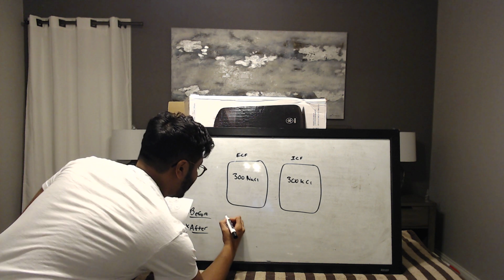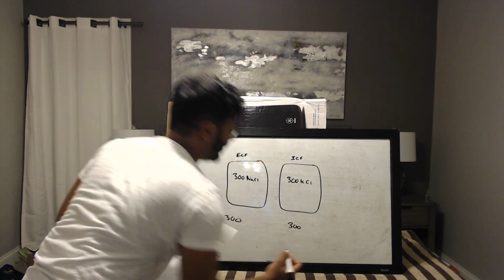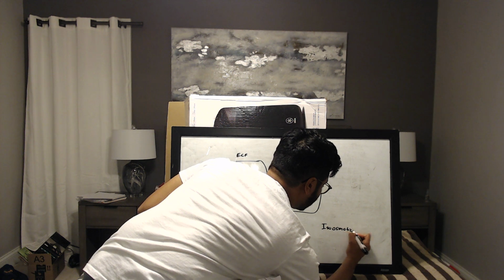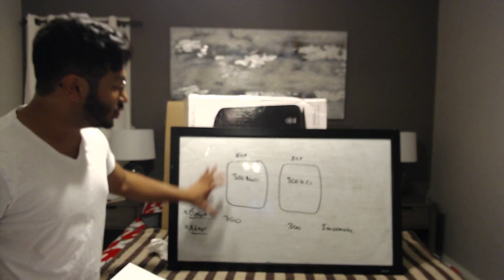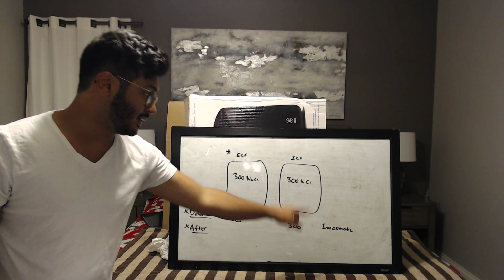You're just going to have 300 compared to 300. And what you have here is an isoosmotic solution, because the solution, this guy right here, is going to be isoosmotic compared to the inside.